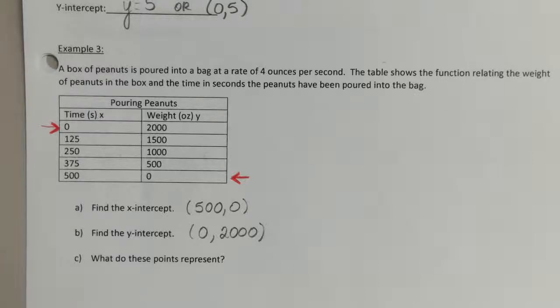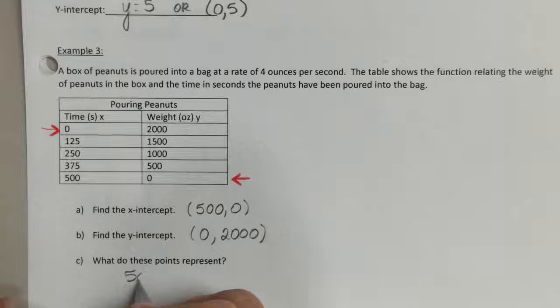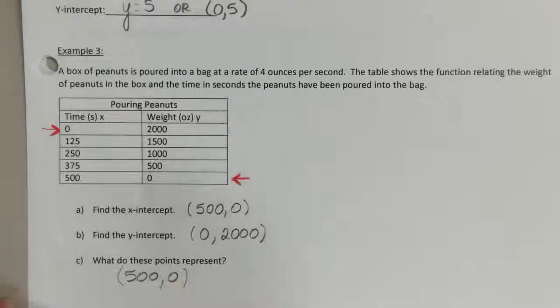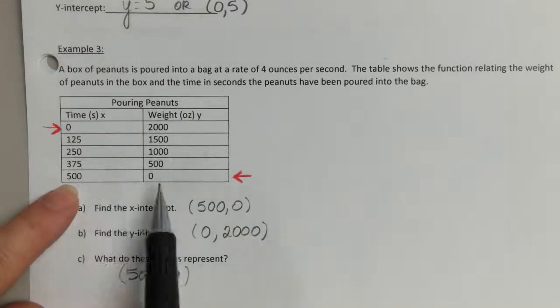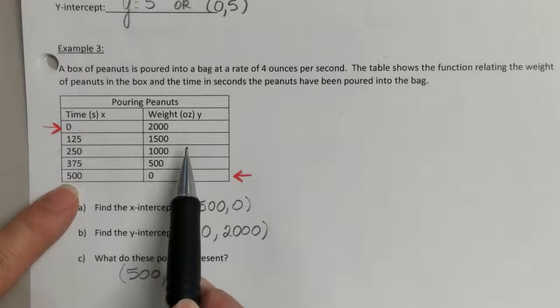Now, let's talk about what these points represent. The point (500, 0) means that after 500 seconds have passed, there were 0 peanuts left in the box, 0 ounces.